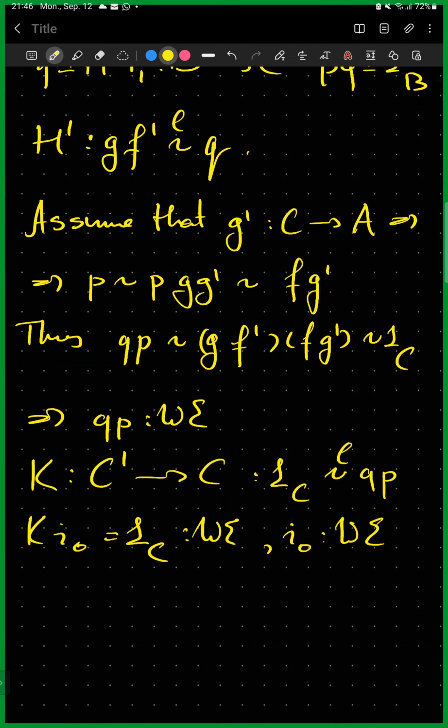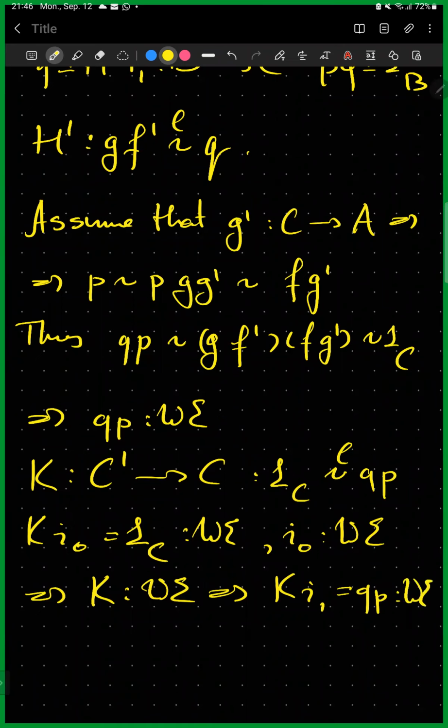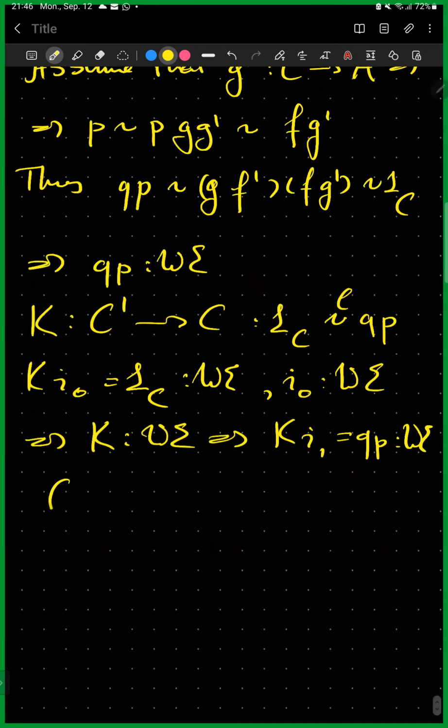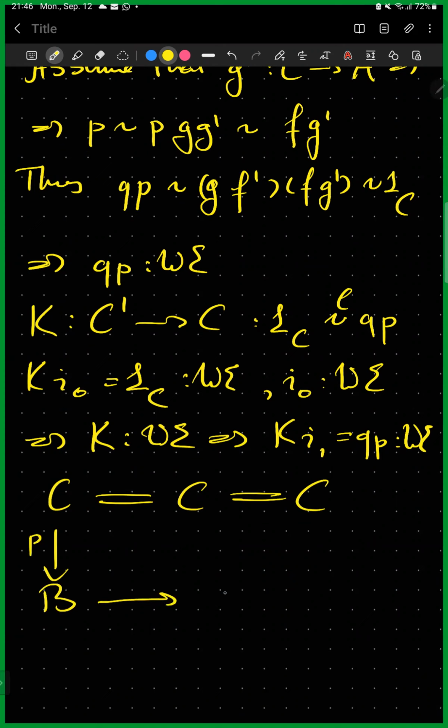Okay, thus it follows that K is itself a weak equivalence, which in turn implies that K i1, equal to QP, is a weak equivalence. i1 is also an inclusion of a bottom of a cylinder into a cylinder, thus it is a weak equivalence. Finally, it remains to observe that E is in fact a retract of QP. Why is that? Well, we have the following diagram.